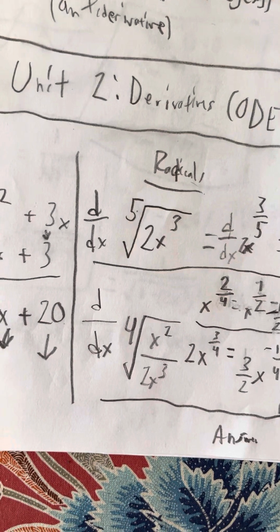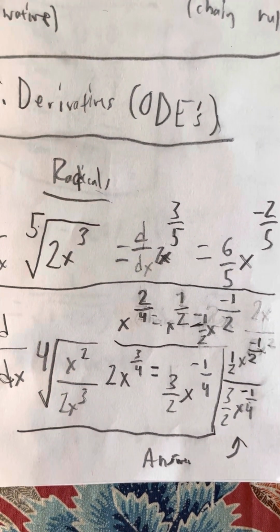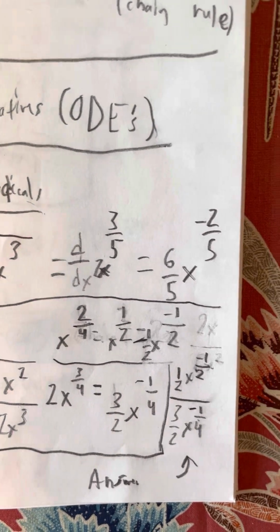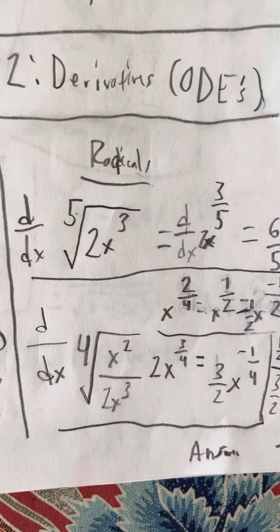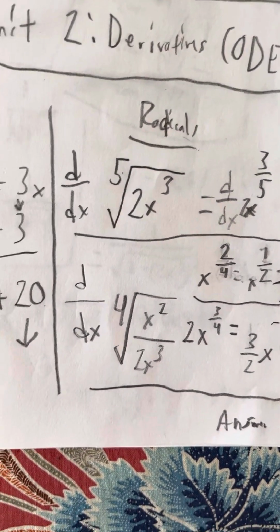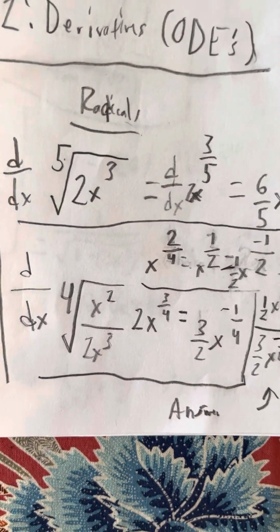d over dx, fifth root of 2x cubed. We got 2x to the 3/5, 6/5, x to the negative 2/5, because you're subtracting 1. The fourth root of x squared over 2x cubed, that was a complex one.